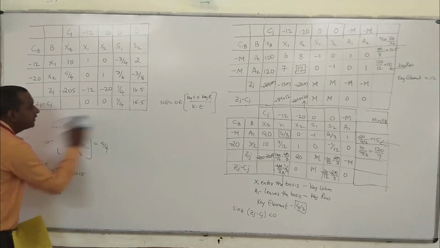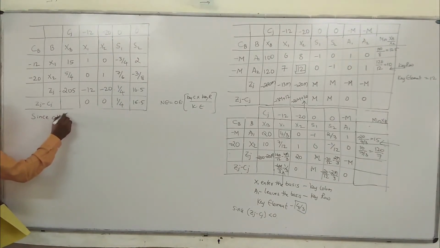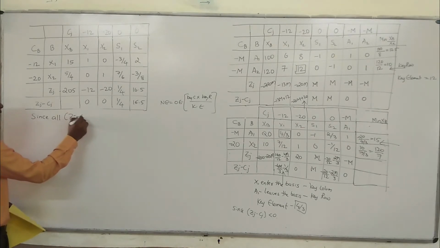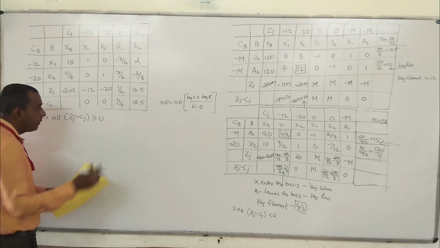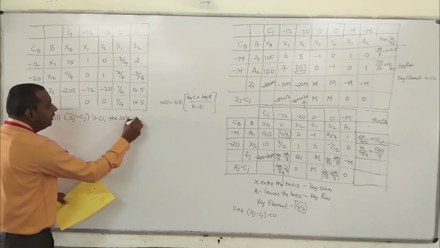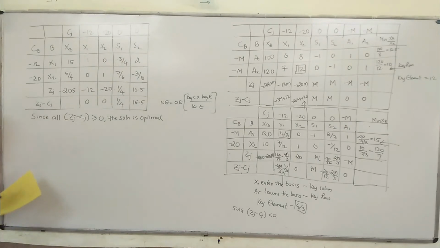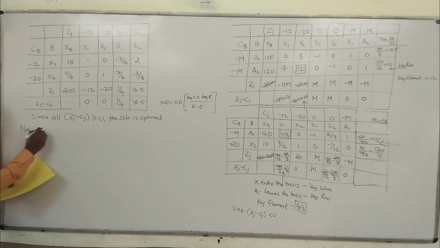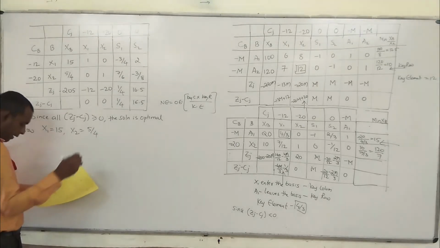That means Zj minus Cj is positive. So let me write the conclusion. Since all Zj minus Cj is greater than or equal to 0, therefore the solution is optimum. Now x1 is equal to 15 and x2 is equal to 5 by 4.